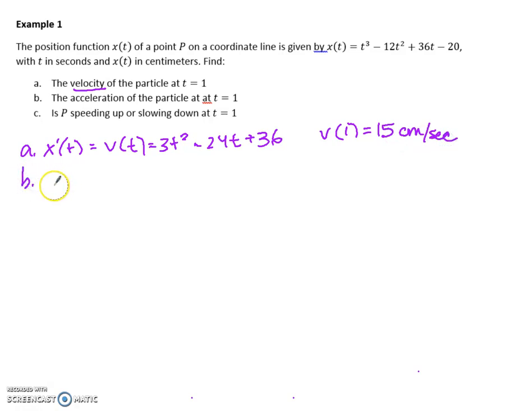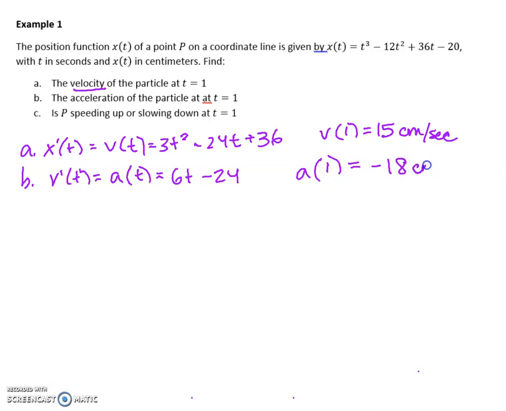B, if I want the acceleration, that means I want the derivative of the velocity. That's what acceleration is, or technically the second derivative of the original. So the derivative of this is 6t minus 24. Then I'm plugging into my acceleration the value 1. So the acceleration after 1 second, plug that in, is negative 18.